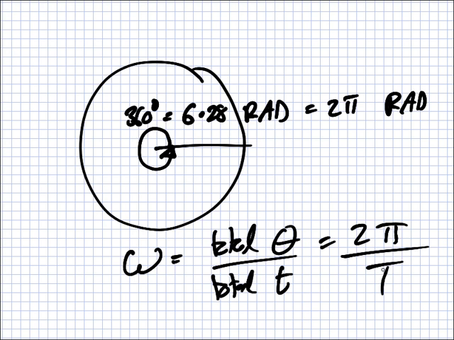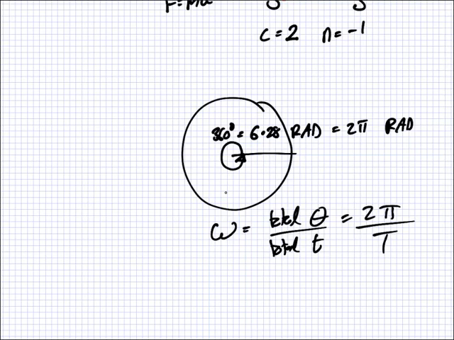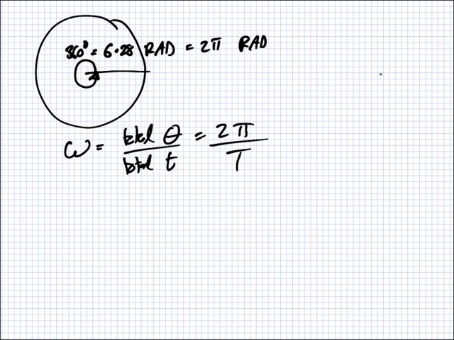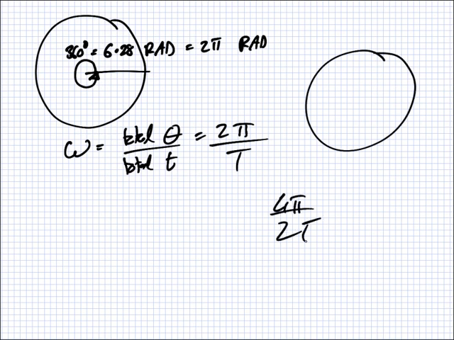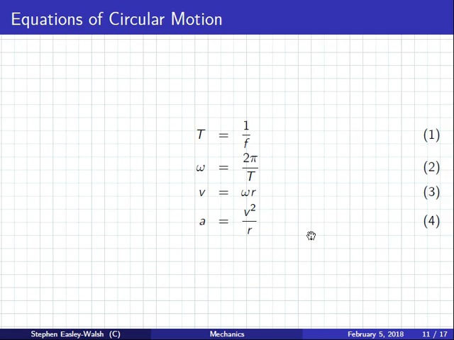If it were 4 pi, then it'd be 4 pi over 2t, because this t is for 1. So 4 pi means it does this. Trust me.